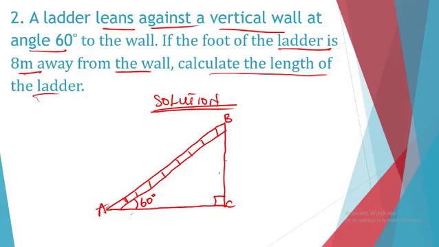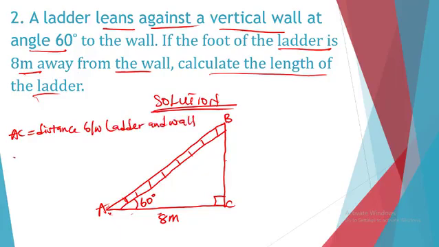This is the wall, right? This is the foot of the ladder, and this is the distance between the ladder and what? The wall. So we have here to be 8 meters. So line AC is the distance between ladder and what? Wall.